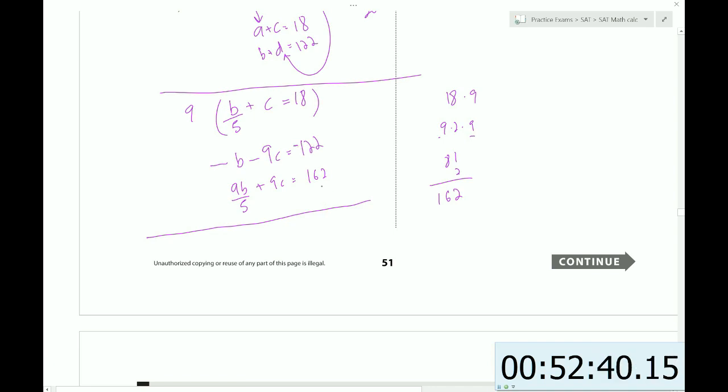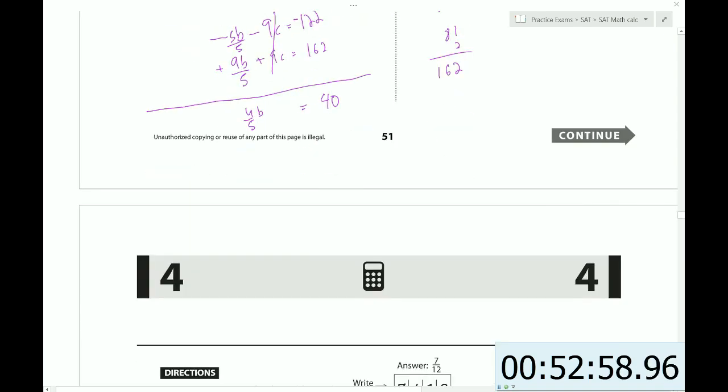And then I'll add the lines. So I add the right sides, and that gives me, I think, 40, right? Adding these cancels them out. And this I can make 5 over 5 B here, negative. So 9/5 minus 5/5 is 4/5 B. At this point I can move the 5 up and I can move the 4 down.